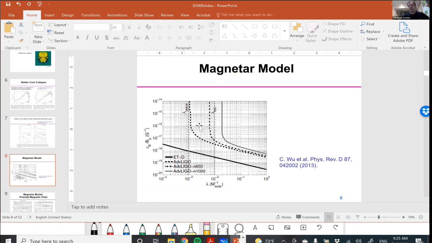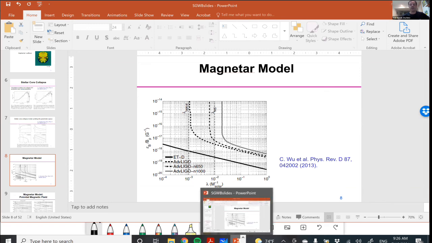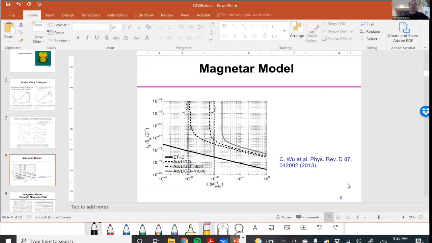So what we're saying is that with these detectors, we can basically rule out this fraction of the parameter space. So very high values of lambda and very high values of epsilon over B will be ruled out from these models.